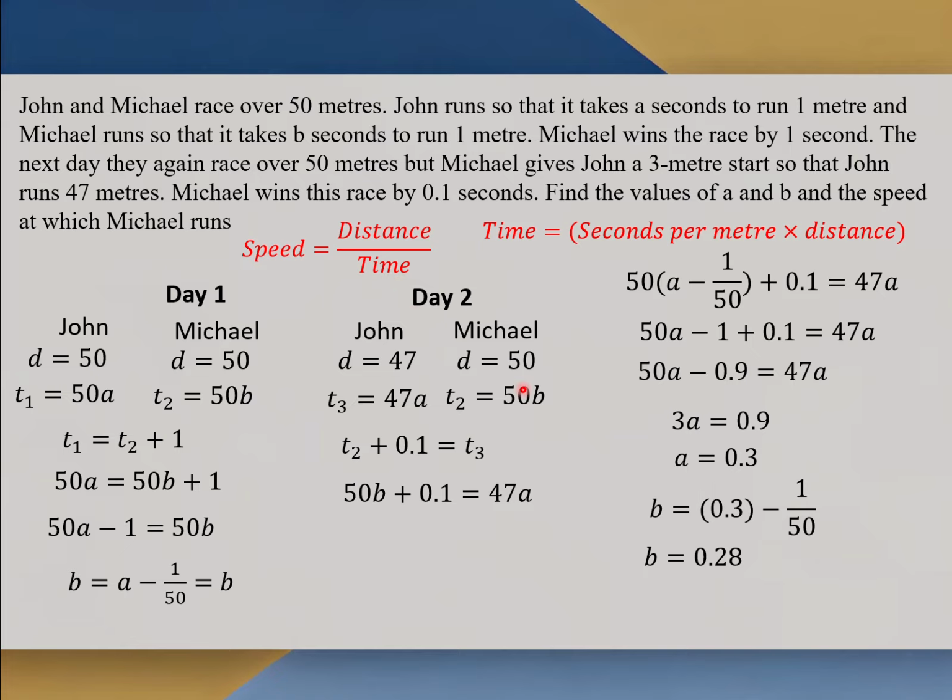So we know the time, and we know the distance. The distance is 50, and the time is going to be 50 times B, which is then going to equal 3.57 meters per second.